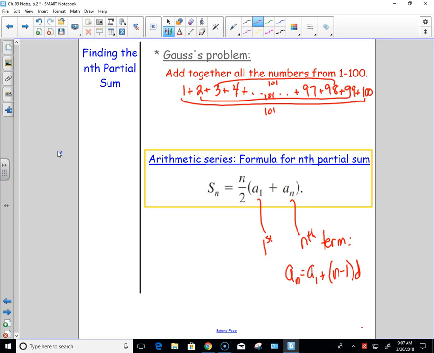And say, wait, but it takes a pair of numbers to make that sum. Well, a pair of numbers, I'm going to have to count how many numbers there are and divide it by 2 and then multiply. So how many numbers from 1 to 100? 100, cut that in half. 50. There will be 50 sets of 101.